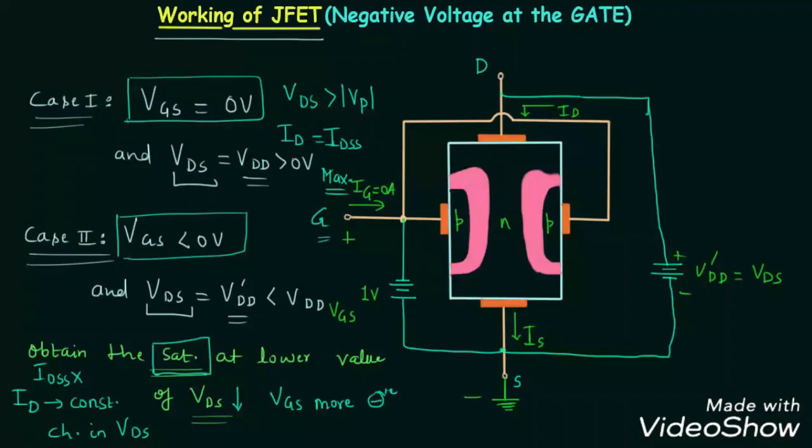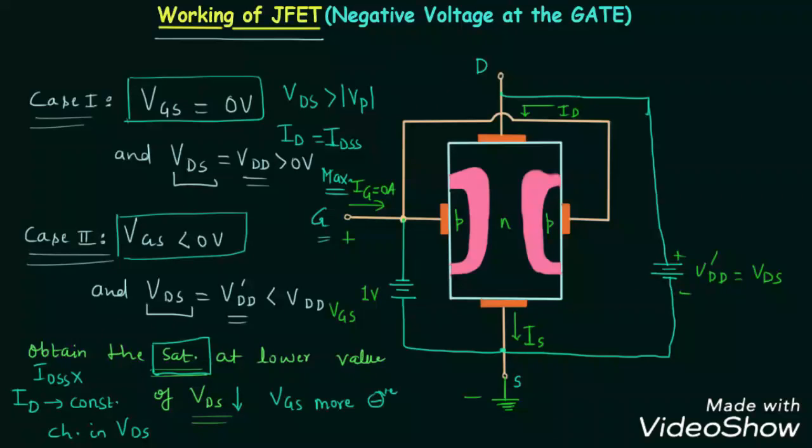Now on increasing VDS, width of depletion region will increase further. The width will increase more at the top as compared to the bottom, and after some time it will appear that the two depletion regions are touching each other, and this condition is known as pinch-off condition, and the corresponding drain to source voltage is called as pinch-off voltage.